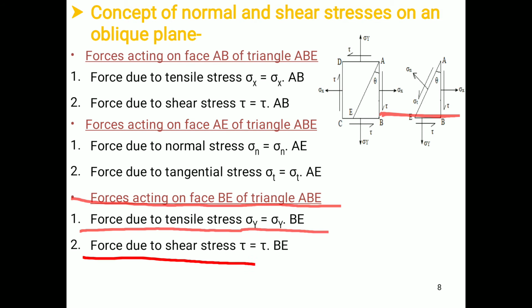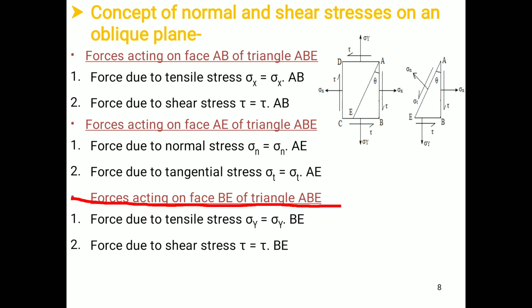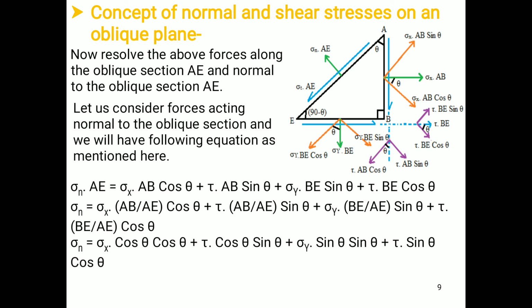Force due to the shear stress is given by tau into BE. In this manner, on triangle ABE we have found these 6 forces in terms of normal stress and shear stress. Now we are going to show all those forces on this particular diagram in detail.